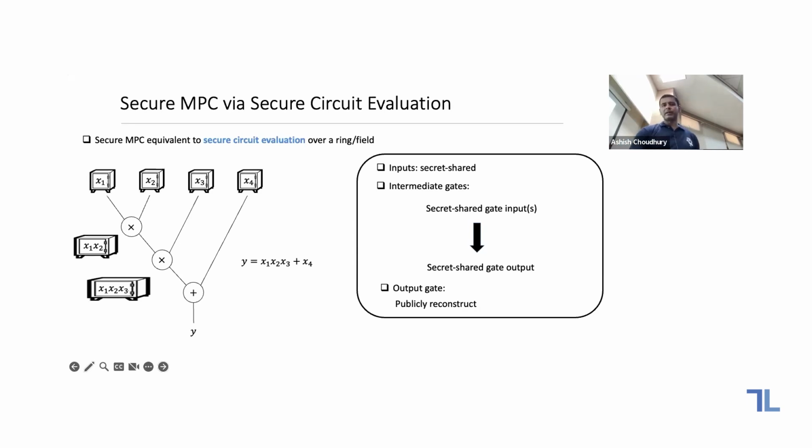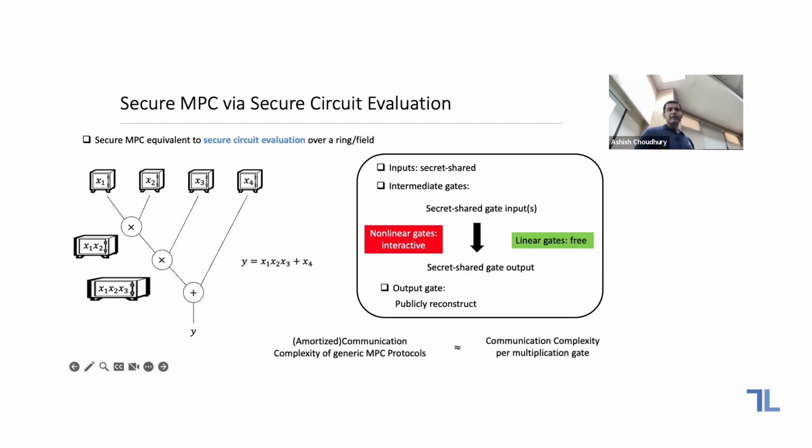But to evaluate the multiplication gates, the parties need to interact with each other. It's not free because the secret sharing does not satisfy the non-linearity property. That's why the communication complexity of any generic MPC protocol is measured in terms of how much communication you have to do to evaluate the non-linear gates in the system.